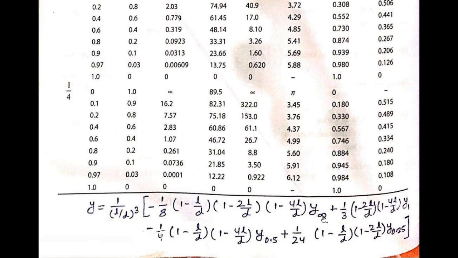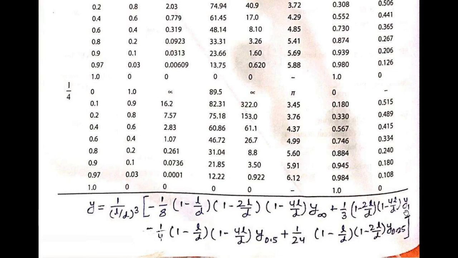Suppose we have to calculate the Sommerfeld number S, then the Y can be replaced by S. So S at L by D ratio 0.4 equals 1 upon 0.4 into minus 1 by 8 into 1 minus 0.4 into 1 minus 2 into 0.4 into 1 minus 4 into 0.4 into Y infinite, means S infinite, means what will be the value of Sommerfeld number for L by D equal to infinite. It is given in the table.